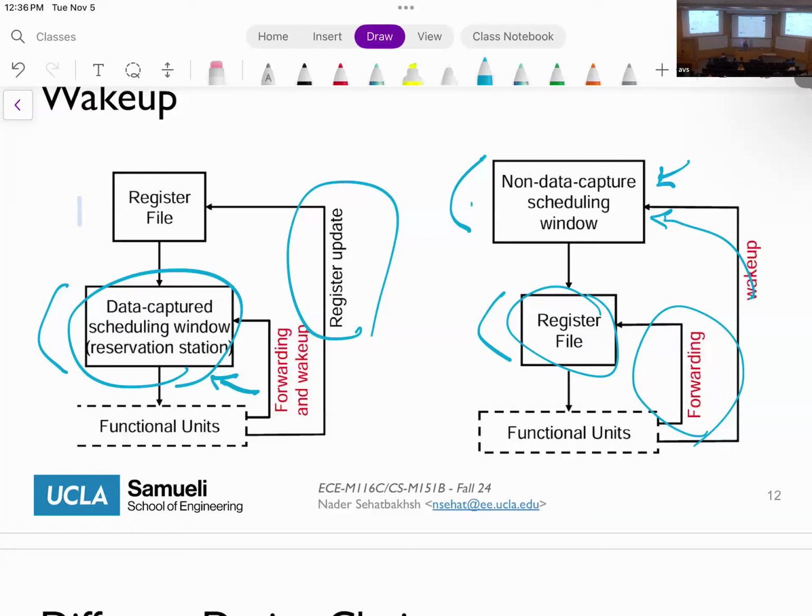You also need to forward to your register file. So there are these trade-offs between them. And again, there are lots of modern processors that use this approach. There are some others that use the other approach. So, as I said, there's no one way of doing this. It's more of a design decision that you have, okay?